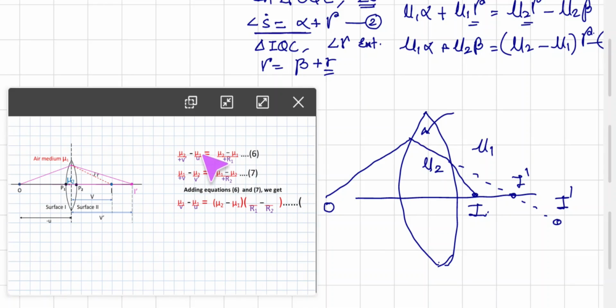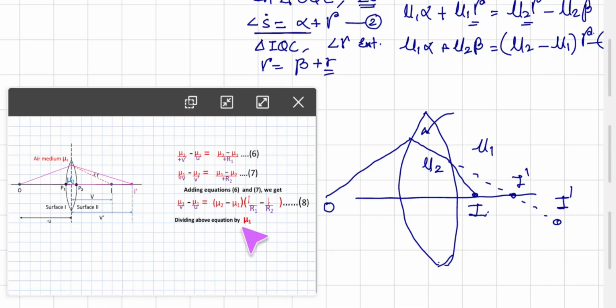Here mu2 upon v with plus and minus mu2 upon v gets cancelled. So we get this term and we have mu2 minus mu1 into 1 upon r1 minus 1 upon r2. So this is equation 8 which we have got.